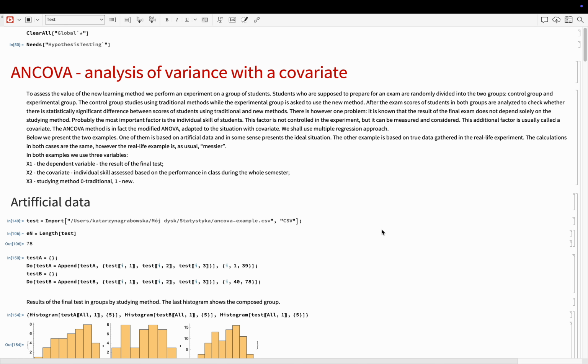The control group is supposed to study for the exam in their usual way, and the experimental group is asked to use the new method. After the exam, the scores of students are gathered and analyzed.